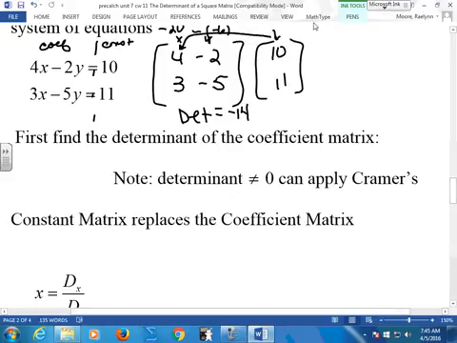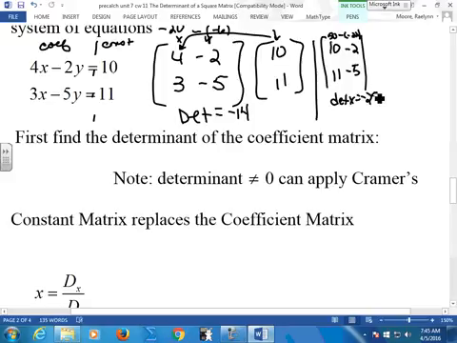So we're just going to put this in and say 10, 11, negative 2, negative 5. And we're going to find the determinant of this guy. So the determinant of x is equal to negative 50 minus a negative 22. So what does that come out to be? Negative 28?